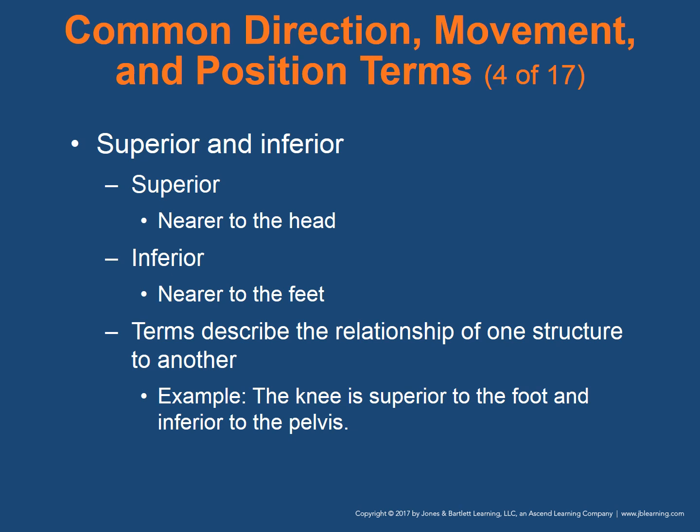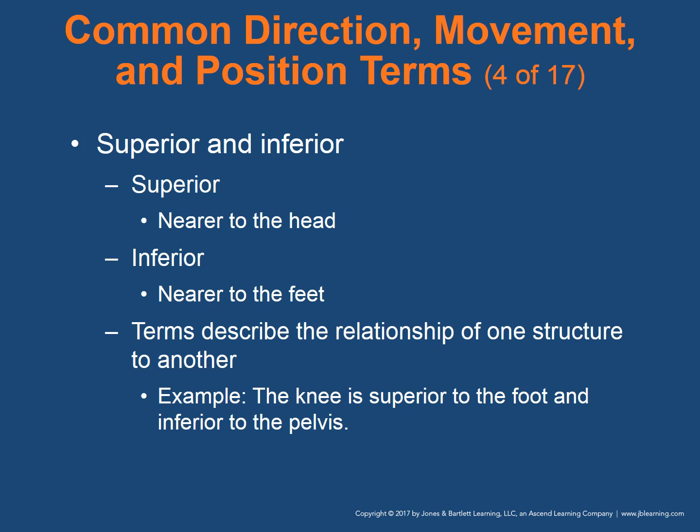So superior and inferior. Superior near to the head, inferior near to the feet, as we described before. These terms describe the relationship of one structure to another. So for example, the knee is superior to the foot, and inferior to the pelvis, right? And like I said before, or like the aspect of the chest, right? He has pain in the superior aspect of his left chest.